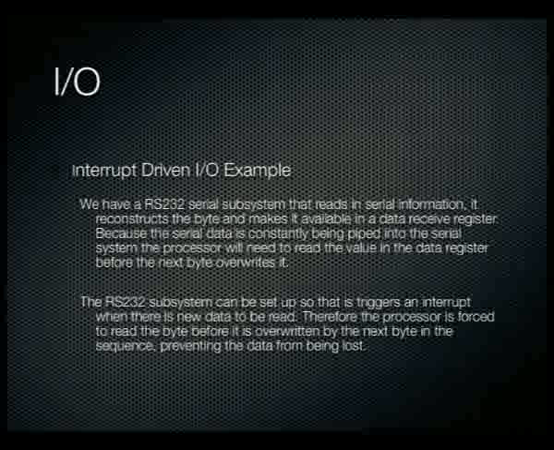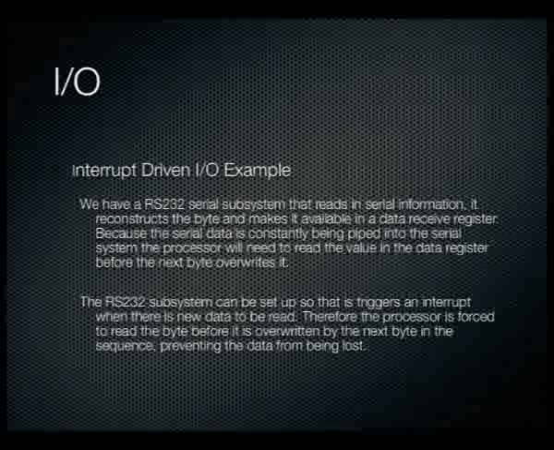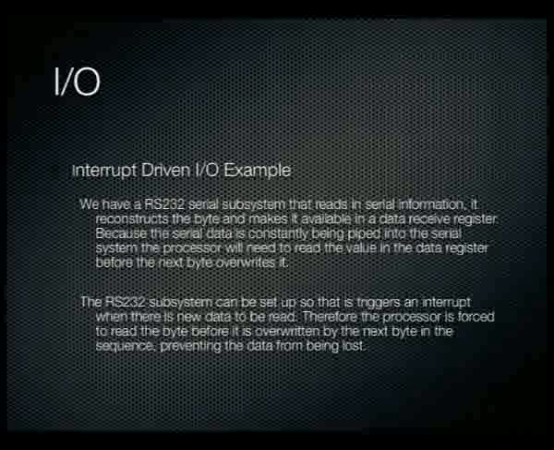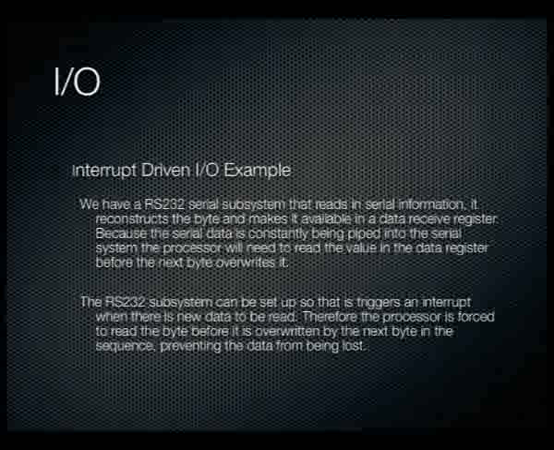So in this case, the serial subsystem dictates to the processor, hey, there's new data, deal with it now, do something with it before the next byte arrives and overwrites it. So if it's interrupt driven, then we can ensure that data isn't overwritten.